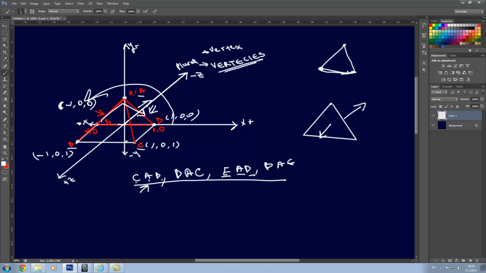It just sees the order of the vertices, and it simply says, if this face is pointing away from me, I'll just ignore it. If the face is towards me, I will need to render it.